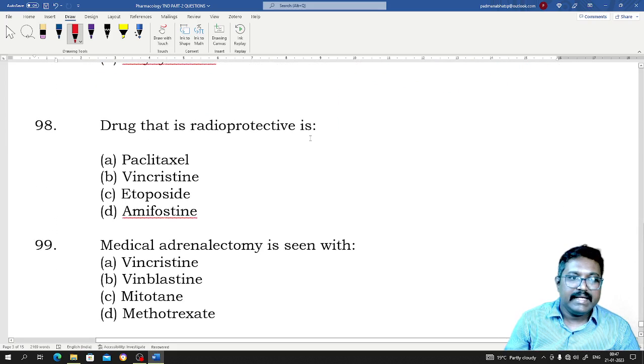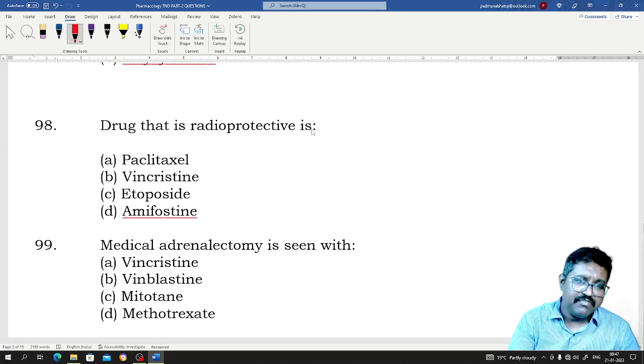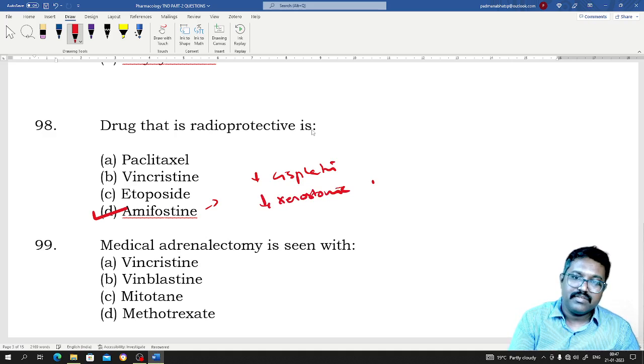So coming to the 98th MCQ, that is the drug that is having radioprotective nature. Again a classical MCQ. The amifostine has got the radioprotective nature. That's why they are used to decrease the side effects of cisplatin, as well as they decrease the xerostomia in case of irradiation therapy.